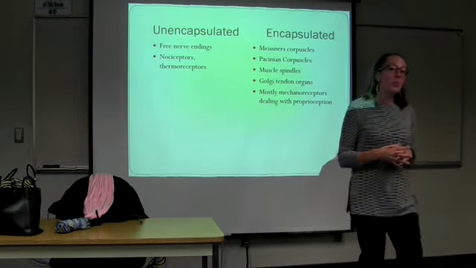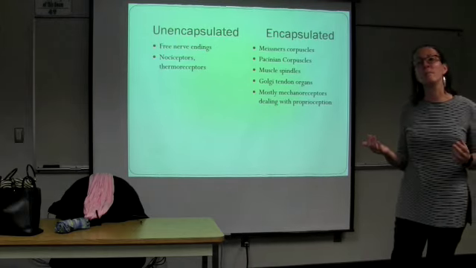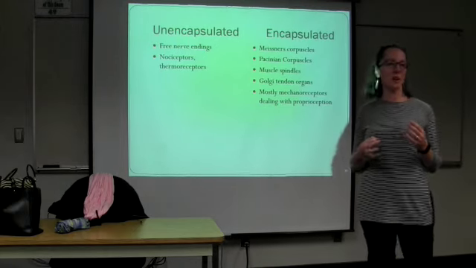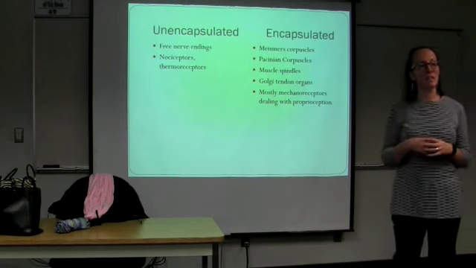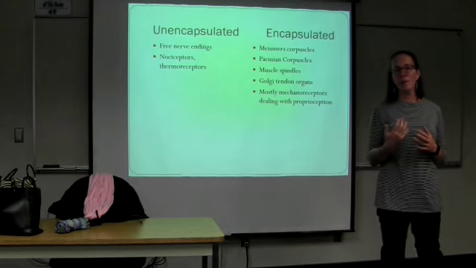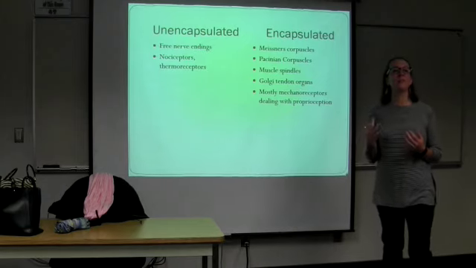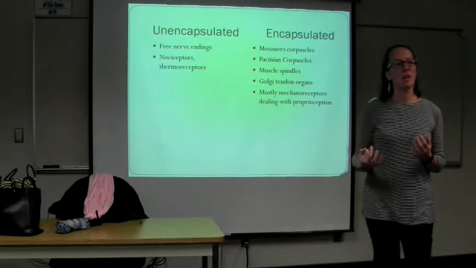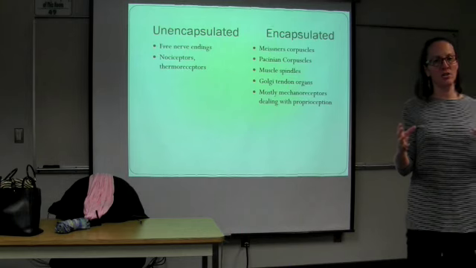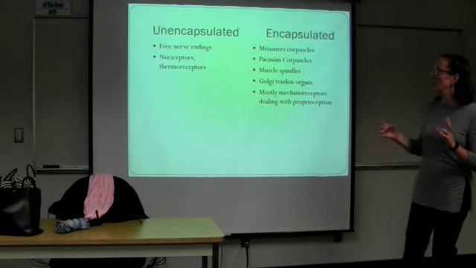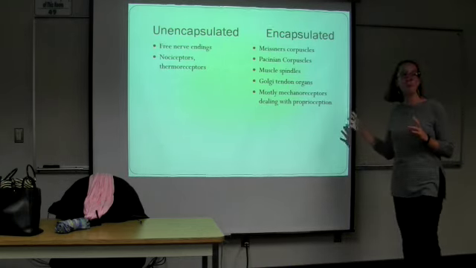Now, we have different receptors all over the body, and there are small structures that lie in the skin or around the organs or around joints that have specific functions. In general, the way they are structured is they are either unencapsulated or encapsulated.